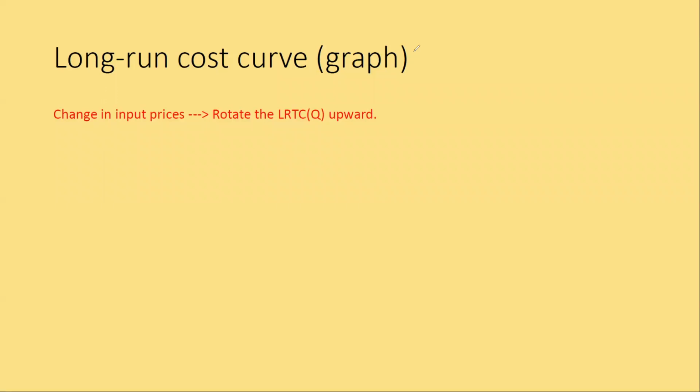So it should actually be, yeah, let me just cross out this part. So whether it is going to rotate upward or downward depends on if the input prices increase or decrease. All right. So I think what I had in mind is that when input prices increase, it is going to rotate it upward. But I only put a change there.